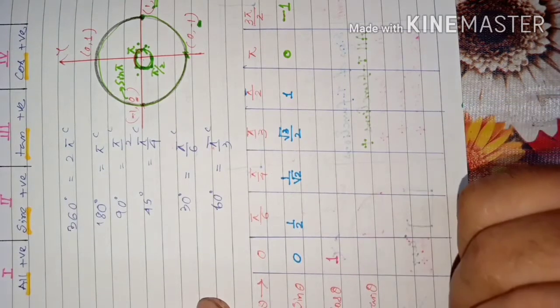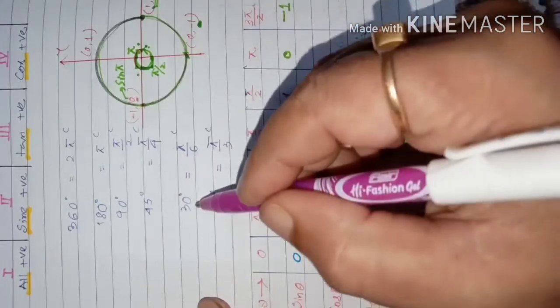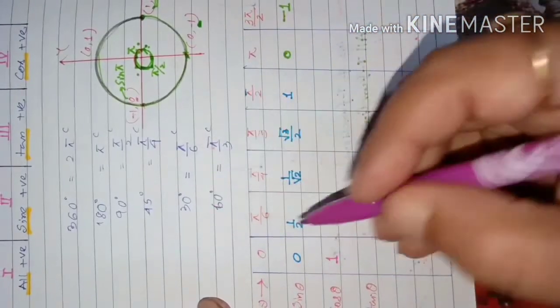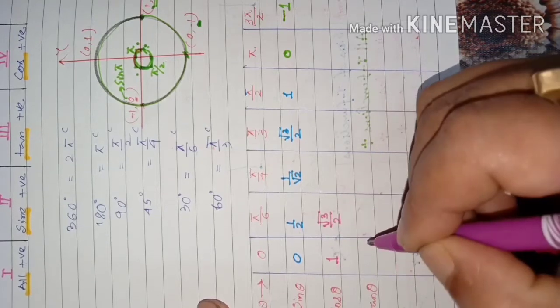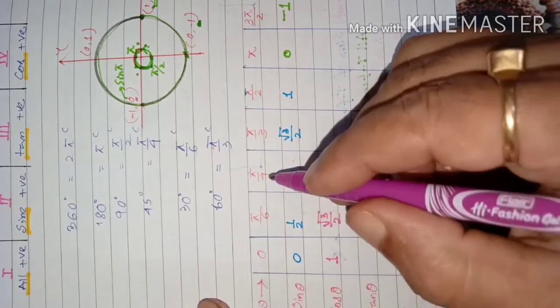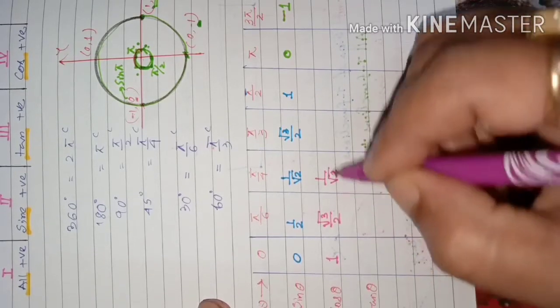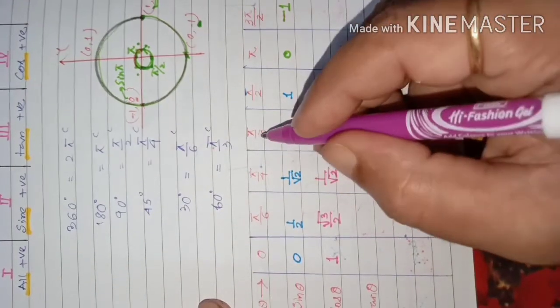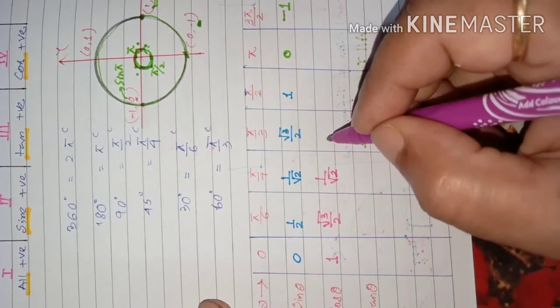When pi by 6 is 30, cos 30 is what? Root 3 by 2. Then cos pi by 4 will be 1 by root 2, same for 45. For pi by 3, which means 60, cos 60 is 1 by 2.